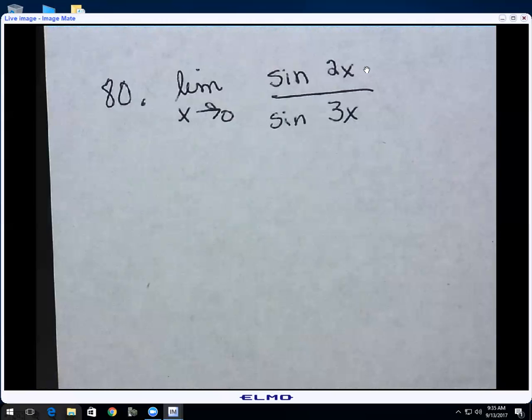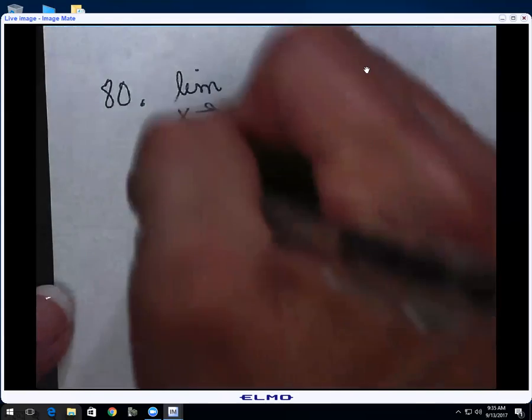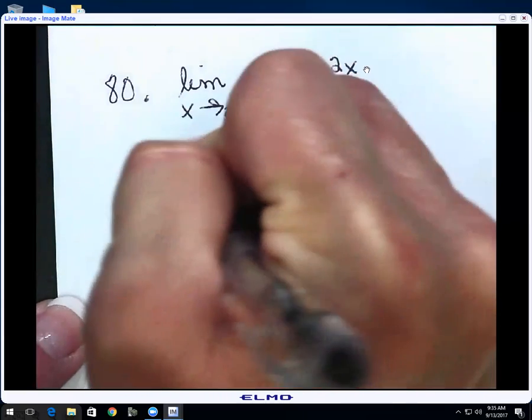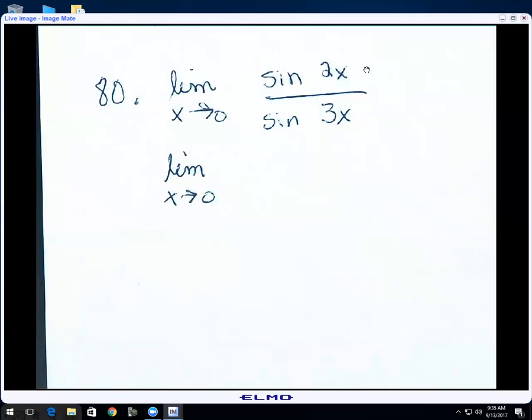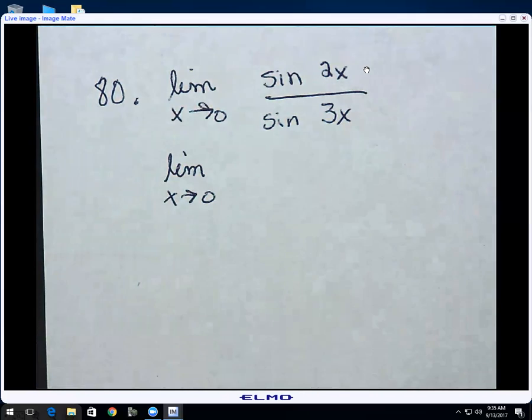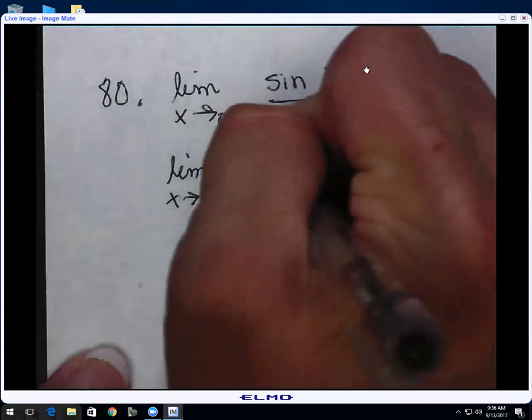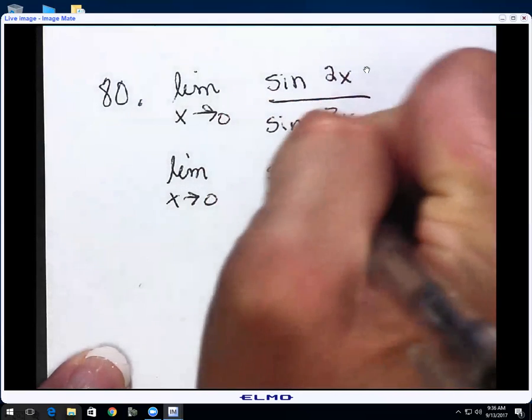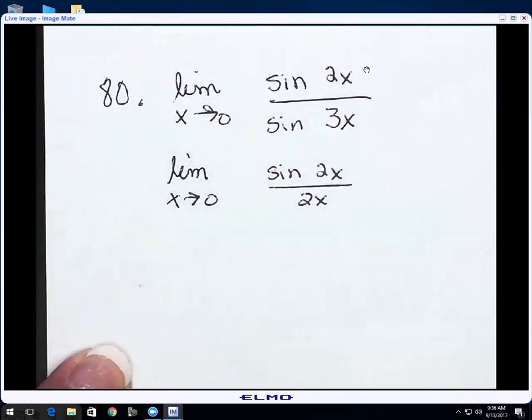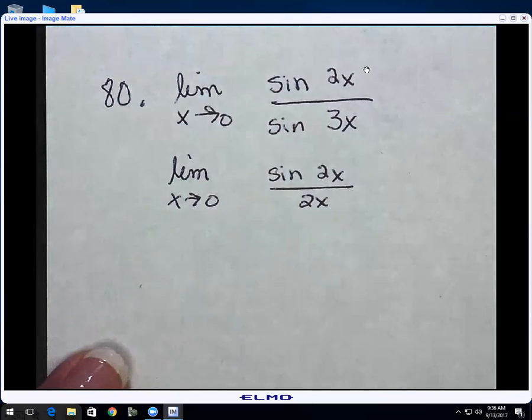Here is a hint, a tool. I've already mentioned it once, but it's going to be really important here. When you can't think of anything else to try, put down what you want to have, and then think of a legal way to get that. What you just told me was, if this was sine of 2x over 2x, I could handle it.